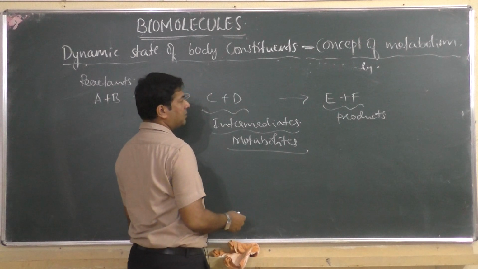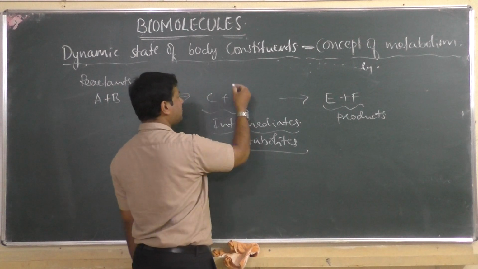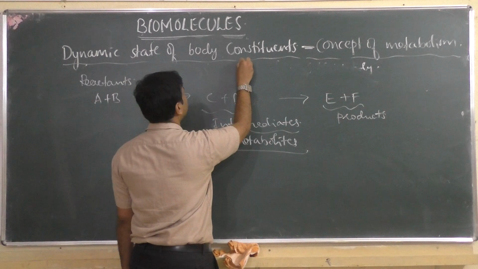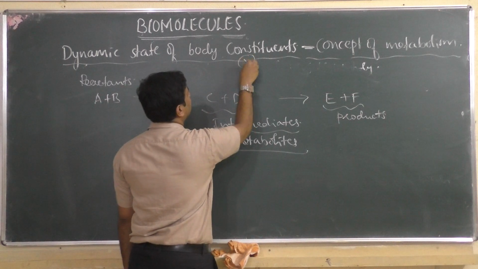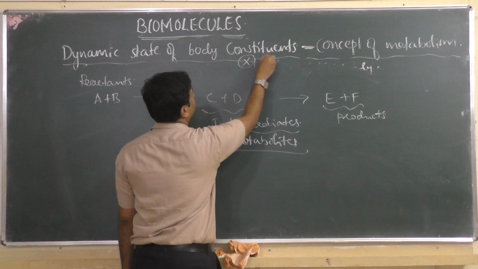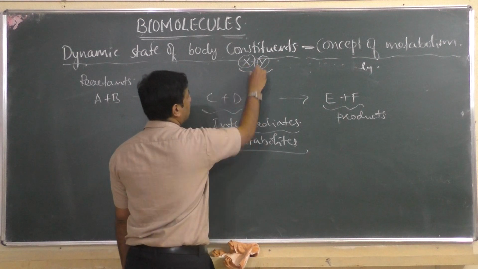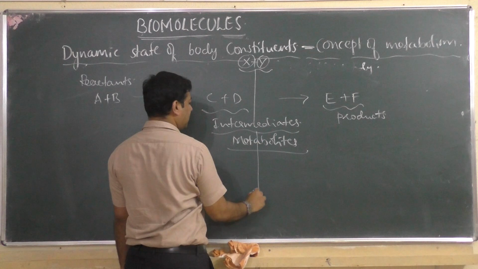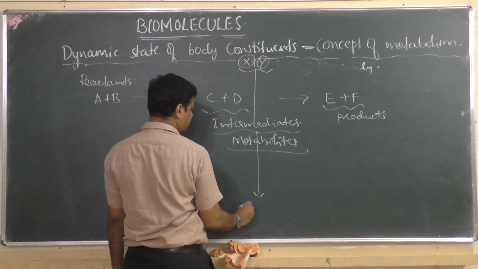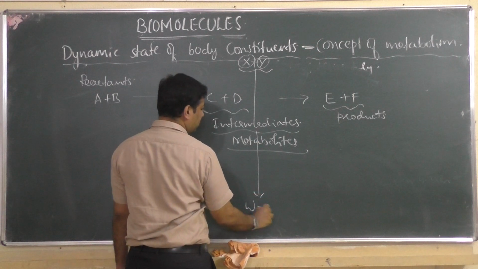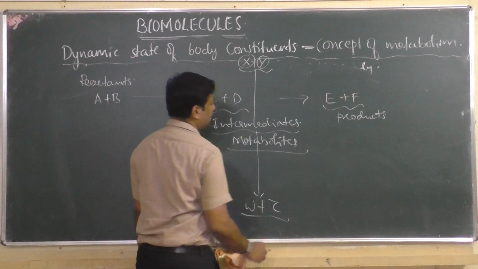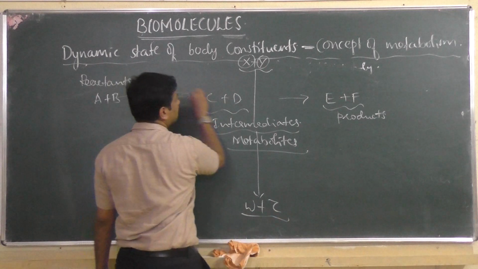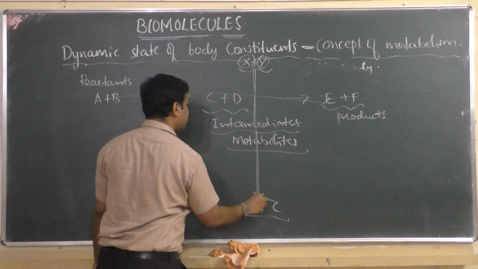At that time it is like traffic. Here one more biomolecule is there, like suppose X plus Y. This is one type of biomolecule. They will also use the same metabolite as an intermediate and produce products, that is W and Z. So from here also a product is produced, from here also a product is produced.